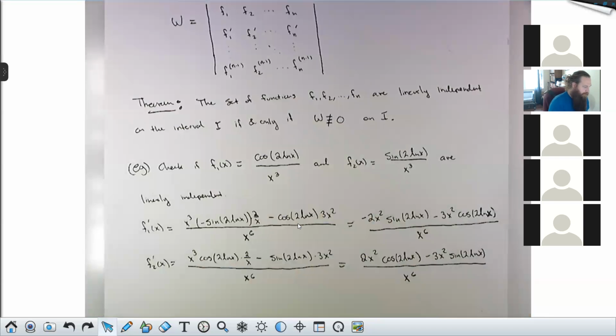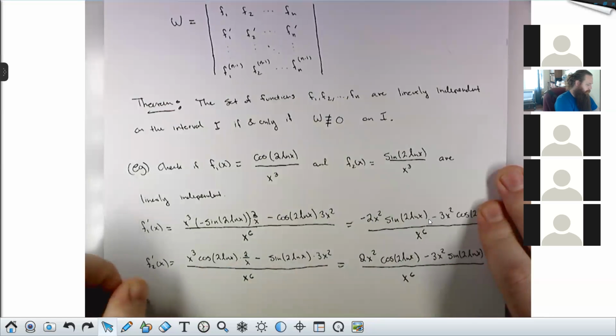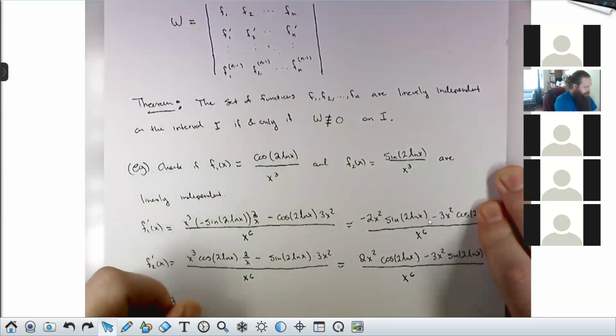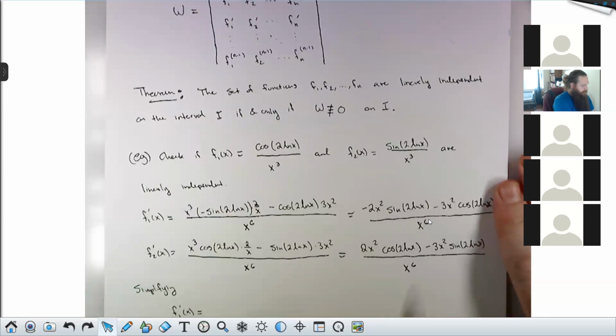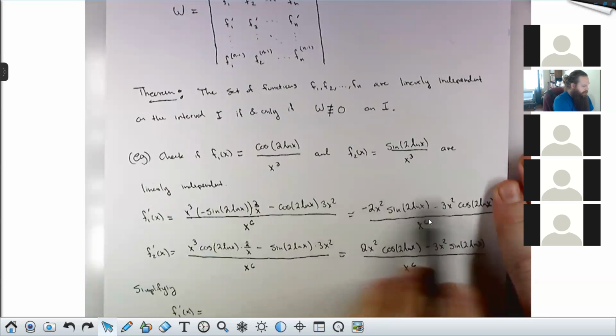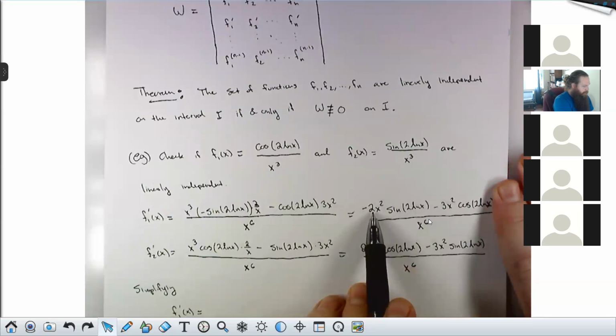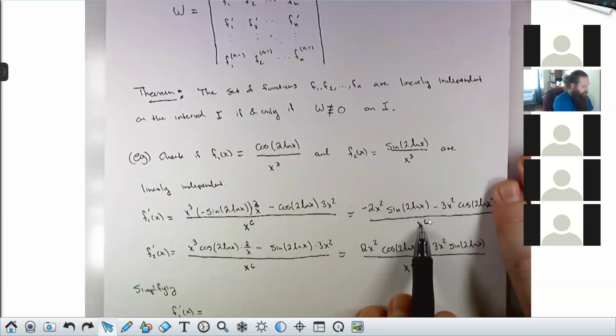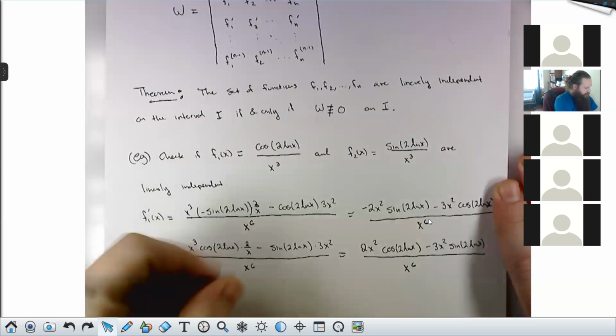So if we simplify a little further, I can factor an x squared from the top of each of these. We see that f1 prime, if I factor a negative x squared here, then the x squareds go, and this will become x to the 4 downstairs. I'll leave the negatives.